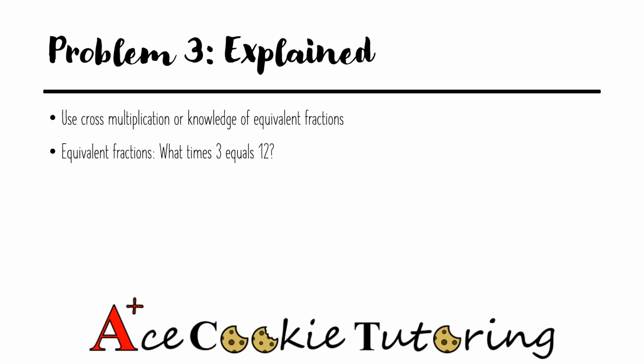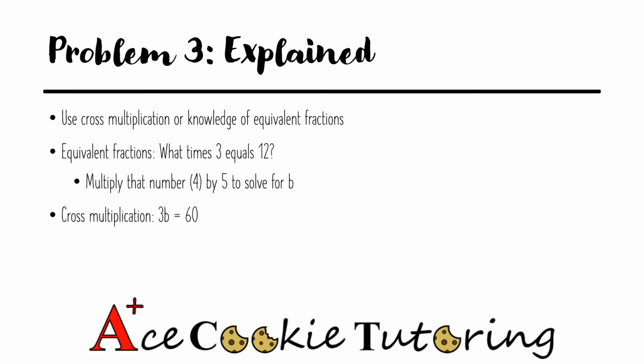Because we had to increase that fraction that has 3 in the denominator by some factor. Well, we do 3 times 4 to get 12. So all I have to do to find b is 4 times 5, because whatever I do to the denominator, I have to do to the numerator.